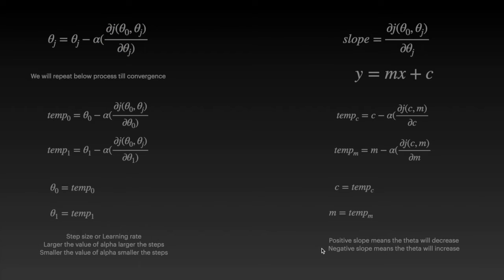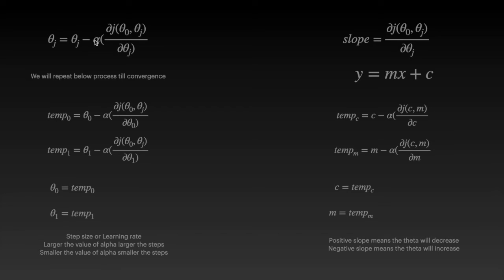If you are able to see my screen, this is the formula for gradient descent, and we will repeat this process till convergence. In this formula, alpha is the step size, or the learning rate. The larger the value of alpha, the larger the steps.